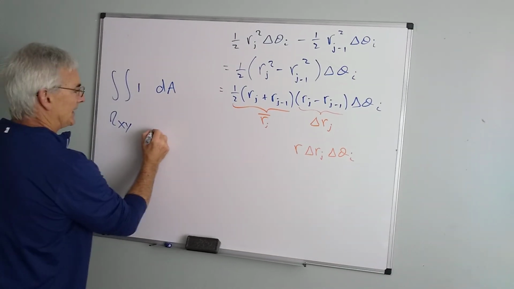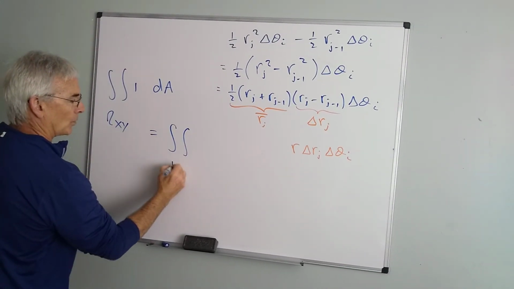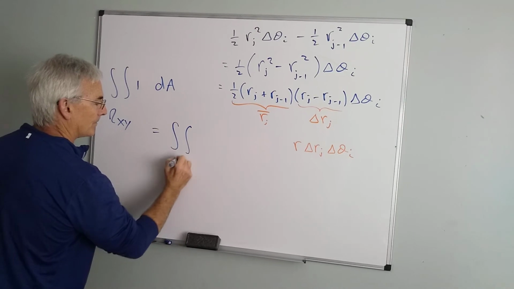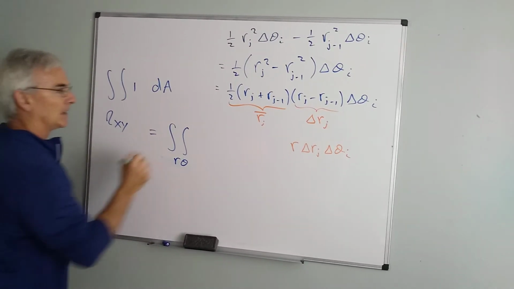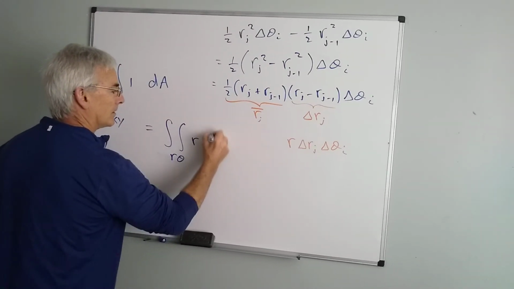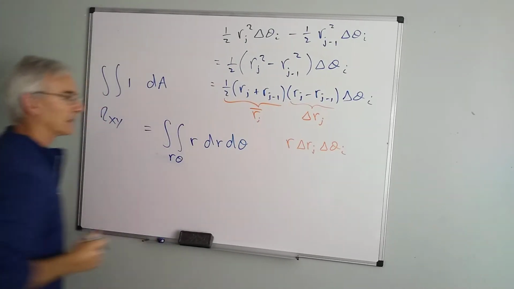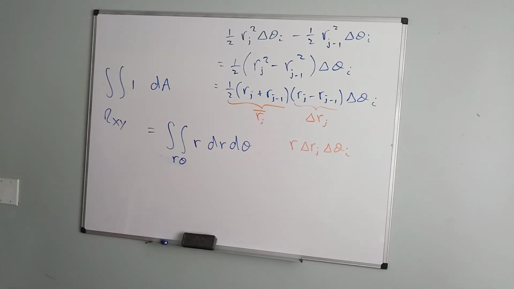This will now equal, we'll call it the r theta region, of r dr d theta, as I take the Riemann sum.